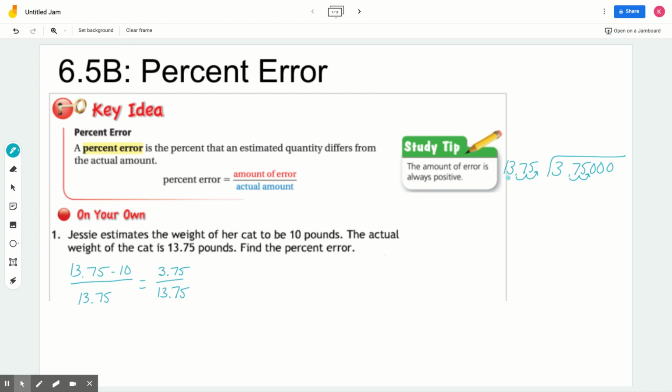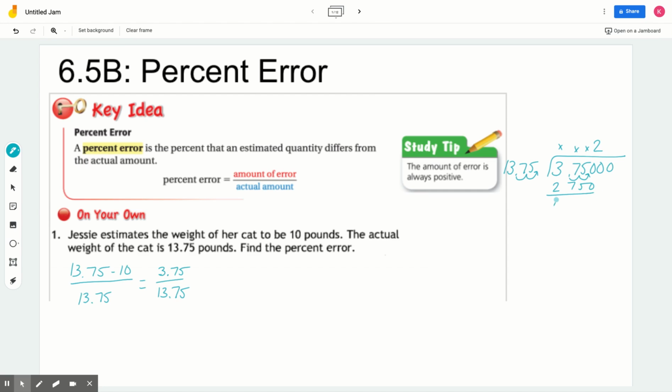So we have 1,375 can't go into 3, 37, or 375. It can go into 3,750 2 times. So 2 times 1,375 is 2,750.